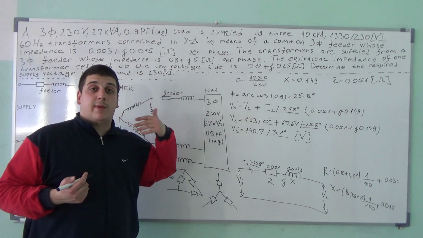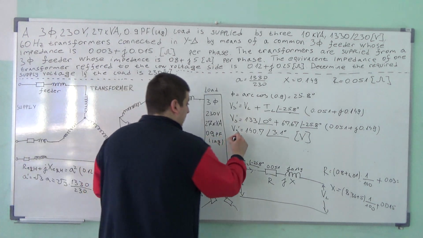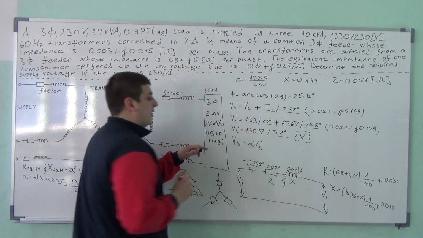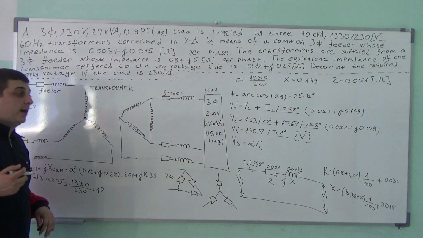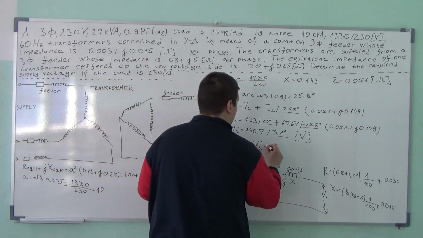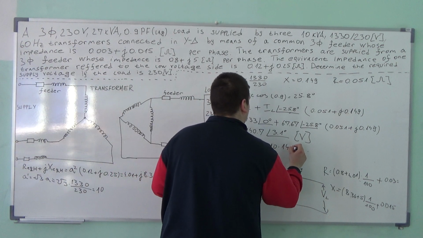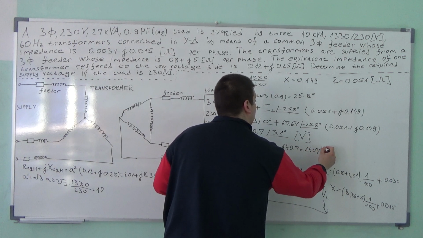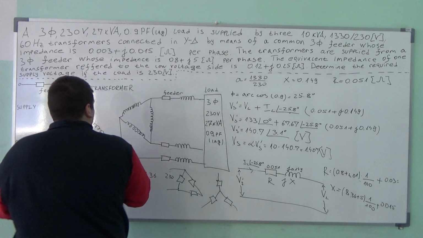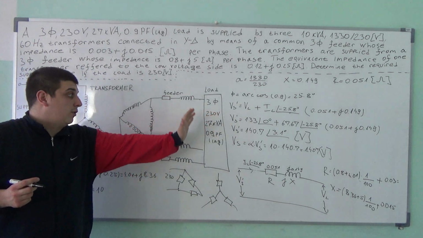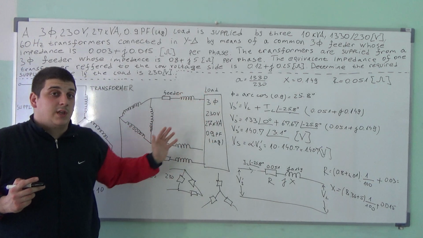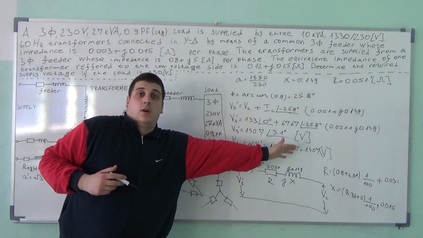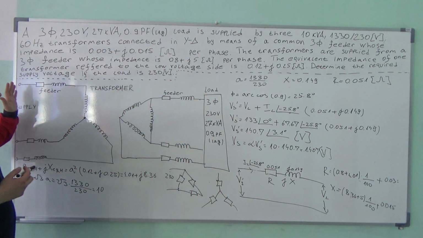If you want to bring it back to the high voltage side, you just do A times VS, but A prime, because this is a YY equivalent bank, and you get 10 times 140.7, and that is 1407 volts. So in order to supply this load with all of these specifications, we have to bring this amount of volts on the supply.